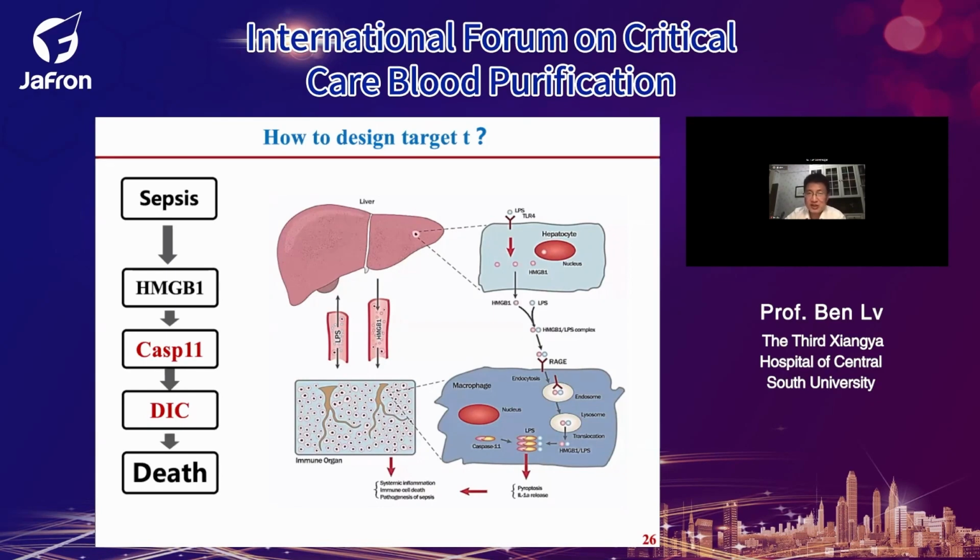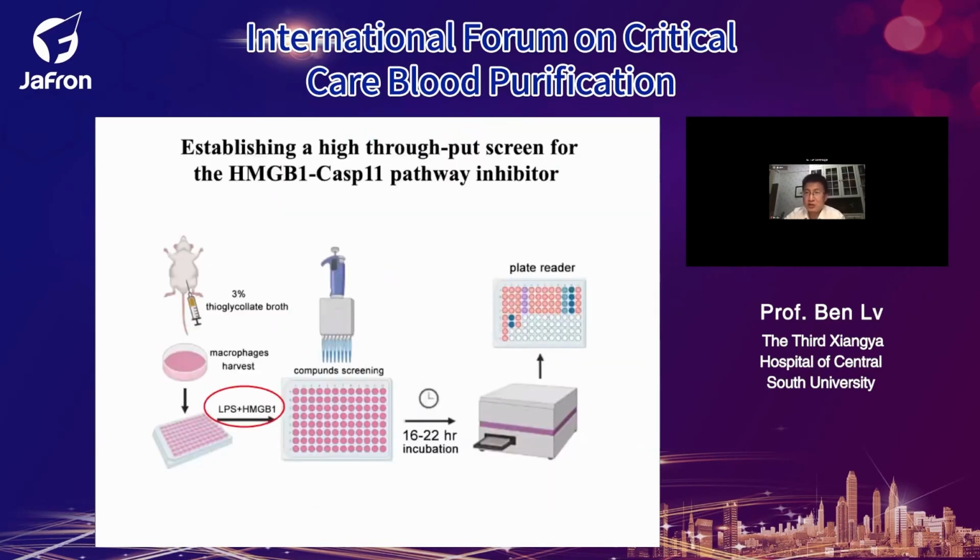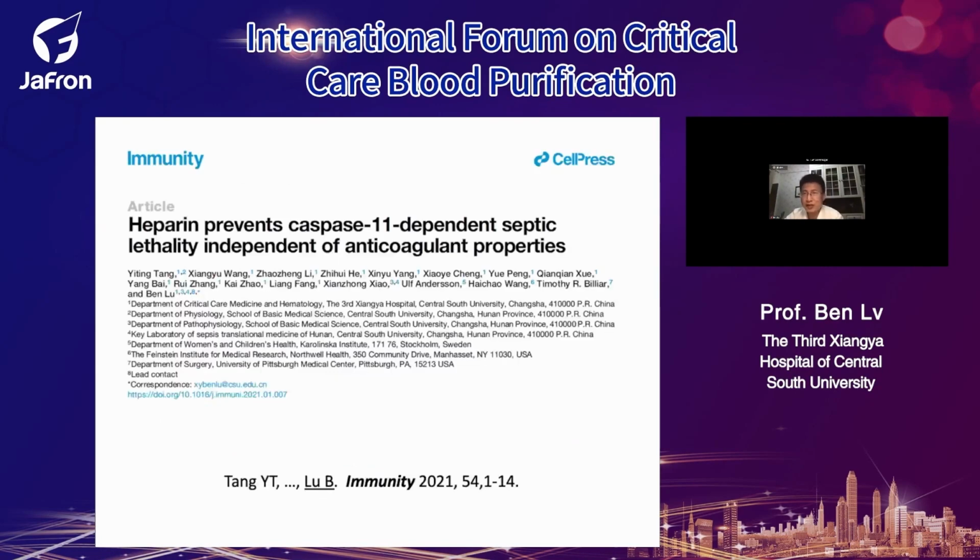So now we know the mechanism. We designed a high-throughput screening strategy, which can test thousands of compounds and molecules. We wanted to find which one can specifically or very strongly inhibit the HMG1 caspase-11 pathway. And we found one which is very unexpected, heparin.